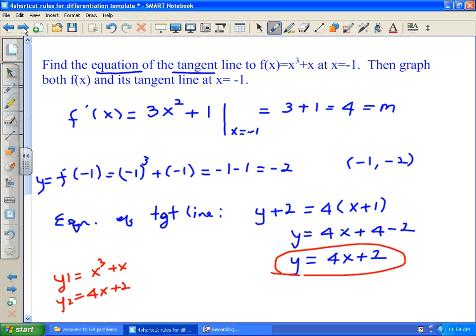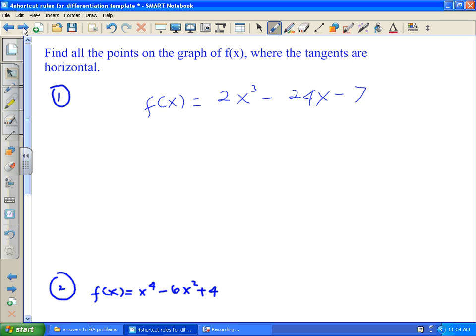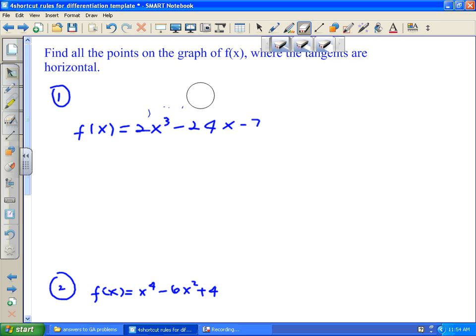And finally, there's one more question I'd like to share with you. Starting with number 1, f of x equals 2x cubed minus 24x minus 7. The question is, can you find the points of horizontal tangency?